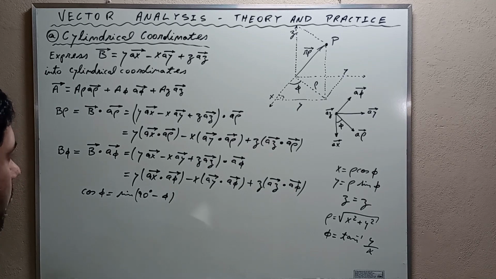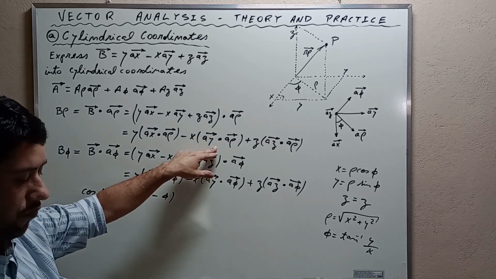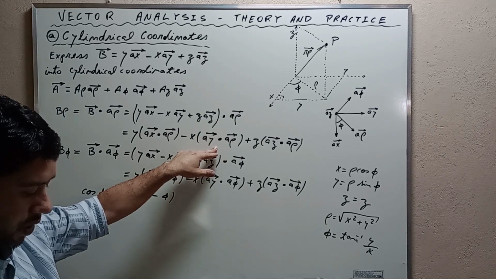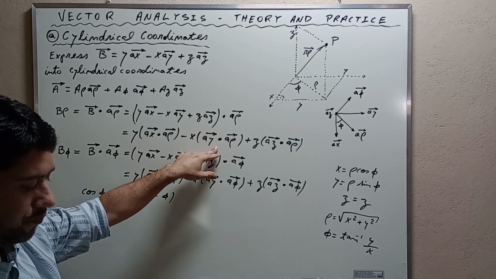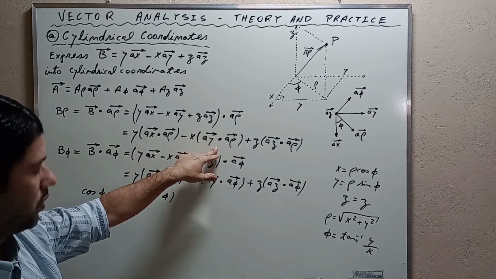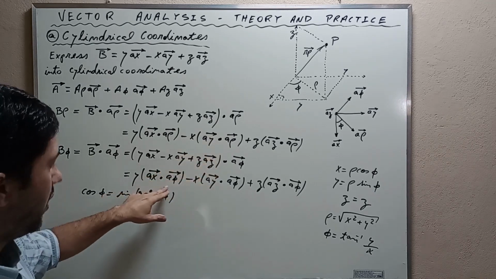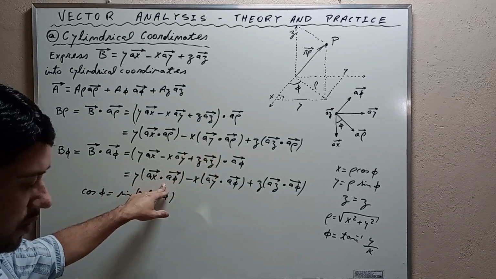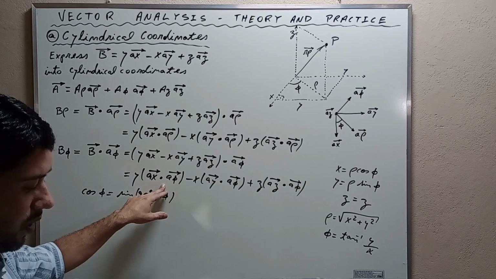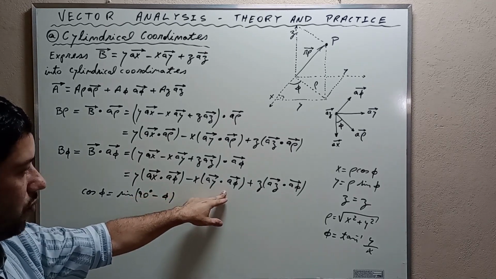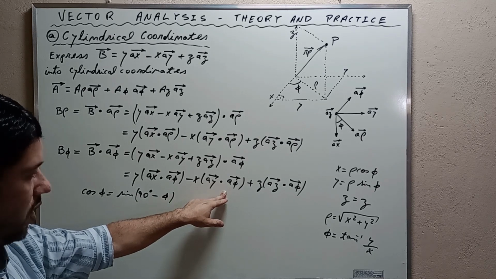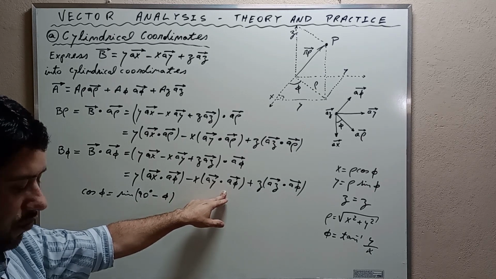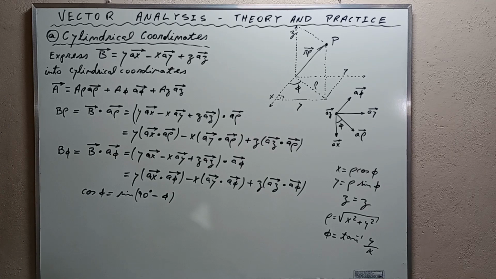A rho, ay with a rho is equal to the sine of phi. A phi with ax is the negative of sine of phi, and a phi with ay is the cosine of phi.